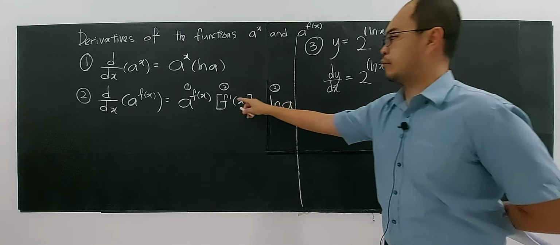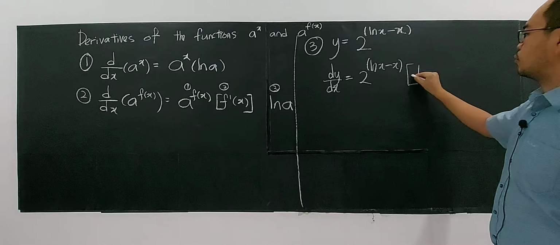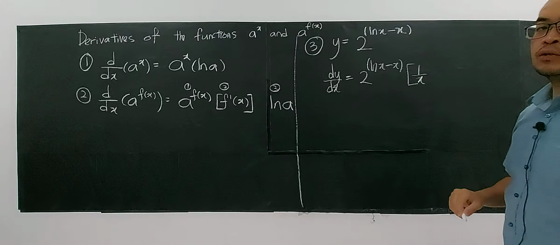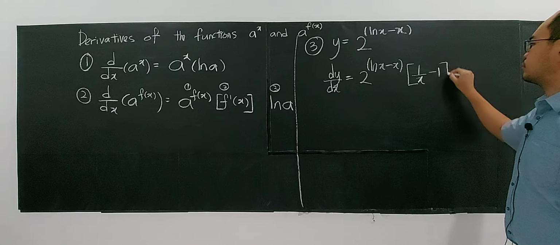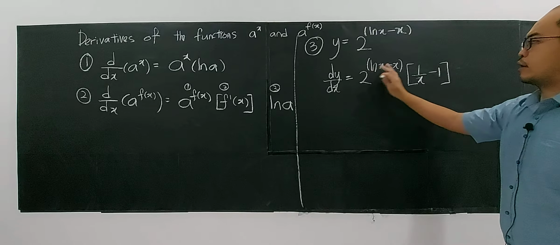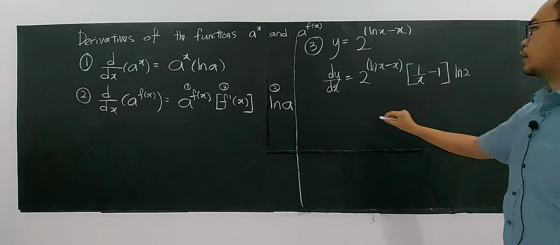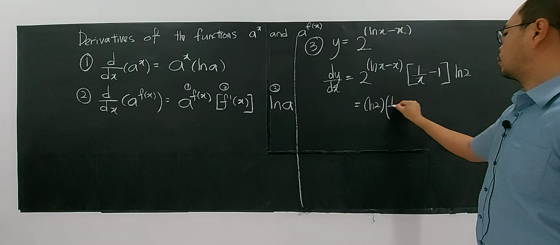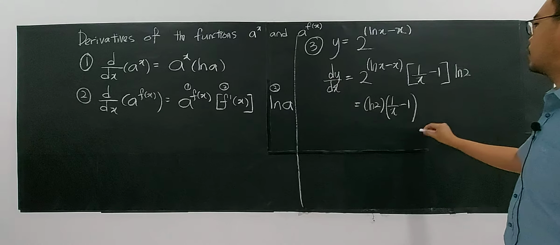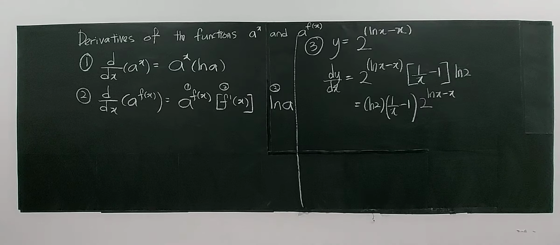Differentiating ln x is 1 over x, and differentiating negative x will be negative 1. Then look at the 2 here, and put ln 2. If I rewrite, it will be ln 2 times (1 over x minus 1), multiplied by 2 to the power of ln x minus x. As simple as that.